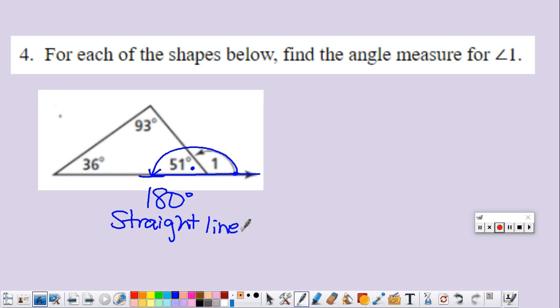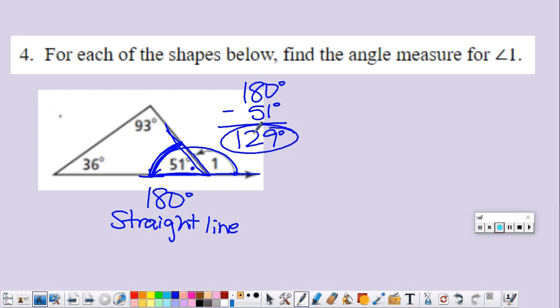So I can take my straight line measurement, 180 degrees, and subtract my interior angle, because all it is measuring is this part of the straight line. So minus 51, which gives me 129 degrees. So that measures angle 1, my exterior angle.